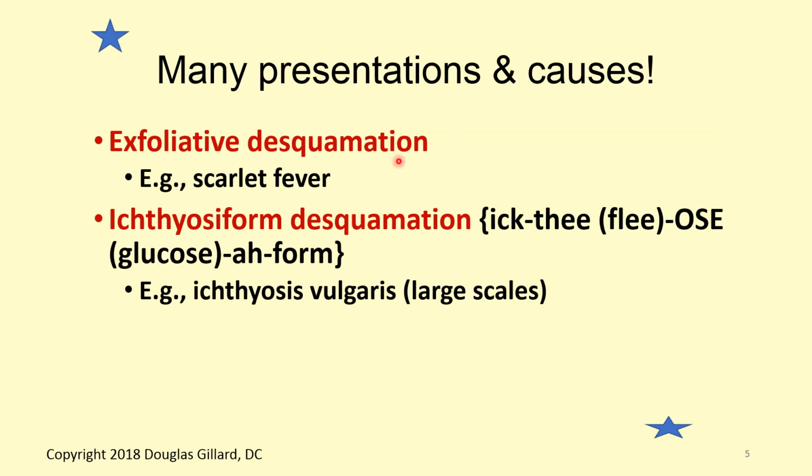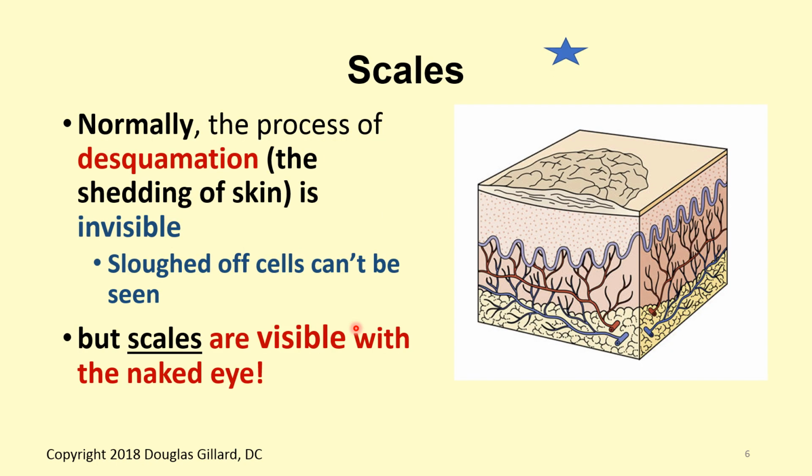Exfoliative desquamation: scarlet fever is classic for having the skin corneocytes clumped together. And then ichthyosis, ichthyosiform desquamation. This occurs when the patient gets ichthyosis vulgaris, the fish scale disease. So let's take a look at that in a second. Some more just in general about scales.